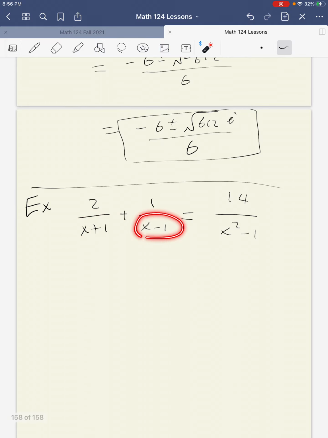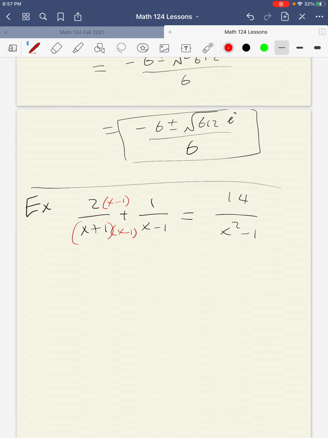So there's no common terms with these two fractions, so what I'm going to do is multiply x minus 1 to the top and bottom of this guy, multiply x plus 1 to the top and bottom of this term here.